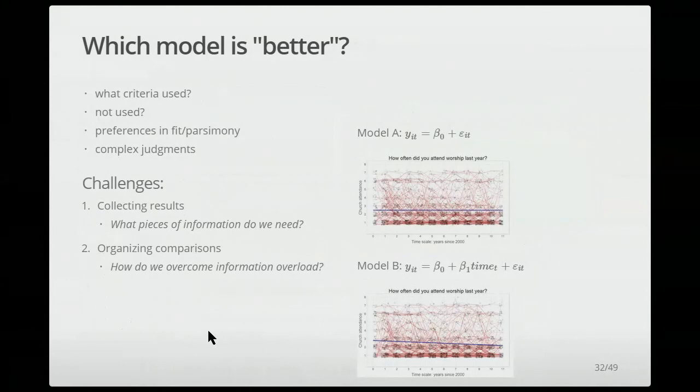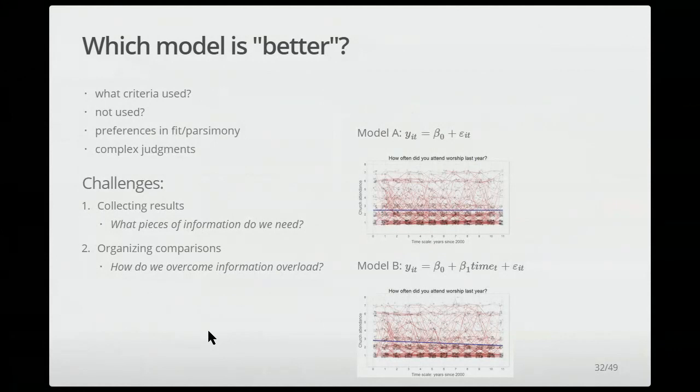Sometimes we don't mind having a little less fit if we have better parsimony, sometimes the other way. In any case, it's a complex judgment. We have to input a lot of information in order to make it, and it's never really easy.